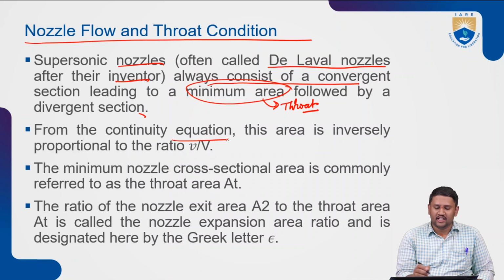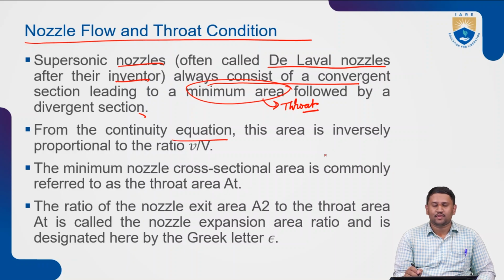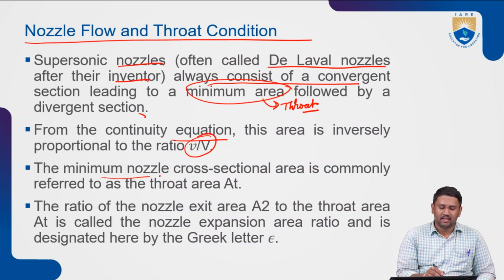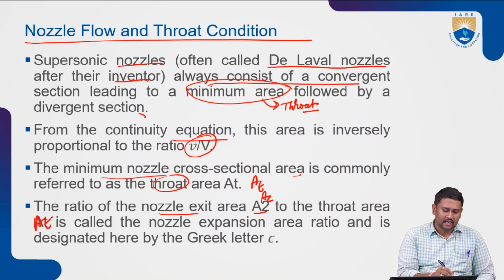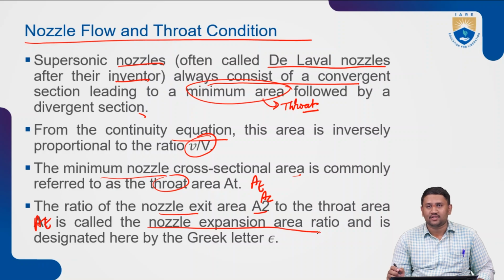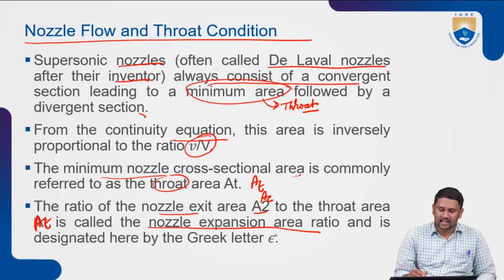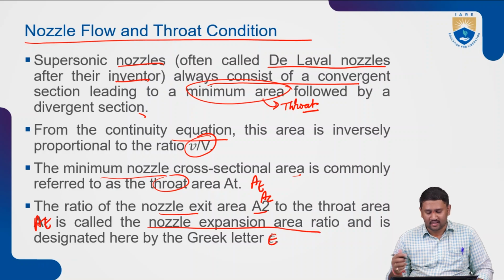Now, from the continuity equation, the area is inversely proportional to the ratio of V by v, and the minimum nozzle cross-section area is commonly called the throat area, denoted by A suffix T, and the ratio of the nozzle exit area A2 to the throat area AT is called the nozzle expansion area ratio and is denoted by the Greek letter epsilon, as we have discussed earlier.